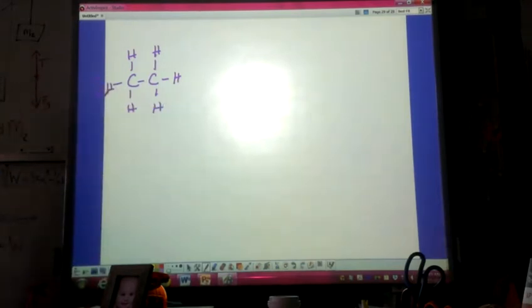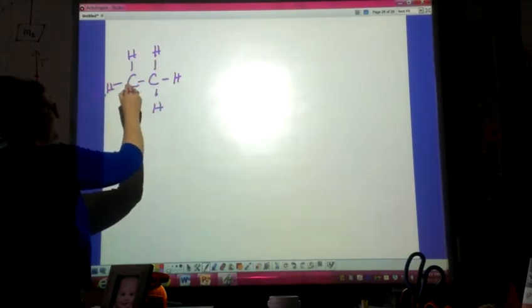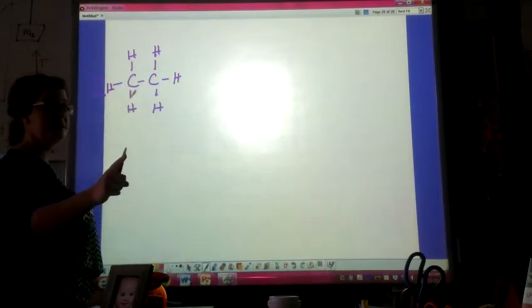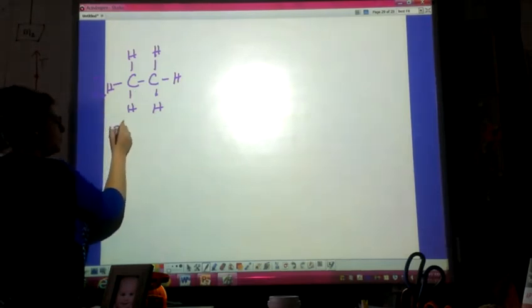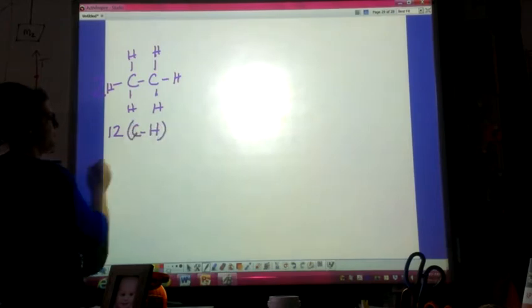So let's just go ahead and break apart this one. So I have 6 carbon-hydrogen bonds in just one of these molecules, but I really have it times 2, so I'm about to break 12 carbon-hydrogen bonds. Okay?